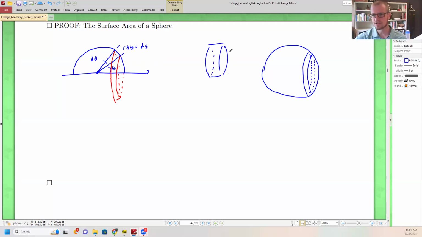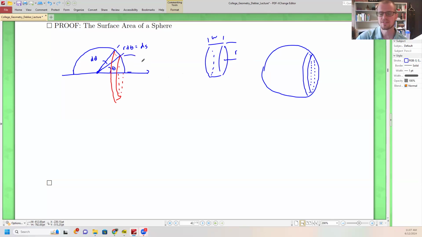If we were to consider this surface, the shell of a cylinder, the outside here, we have our radius, and then we have our width. So we would get the circumference, 2 pi r, times the width, and that would give us the surface area here. We're going to do essentially that here.